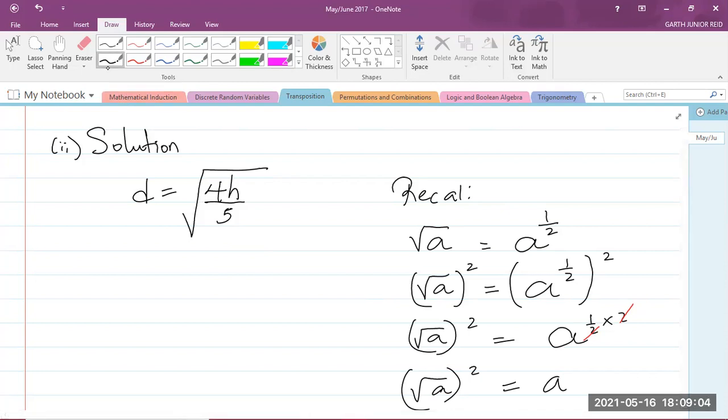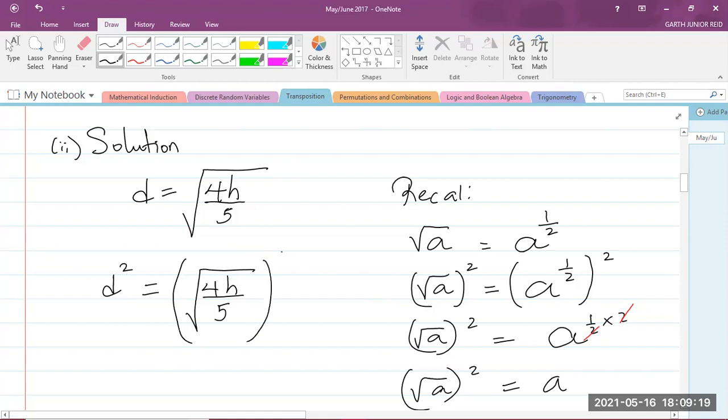So with that being said, if I square both sides of the equation here, d is equal to the square root of 4h divided by 5, and I'm squaring everything. I'm squaring d.